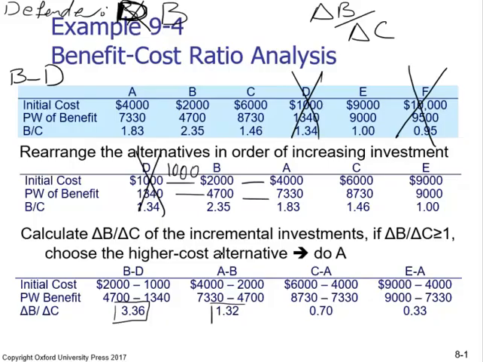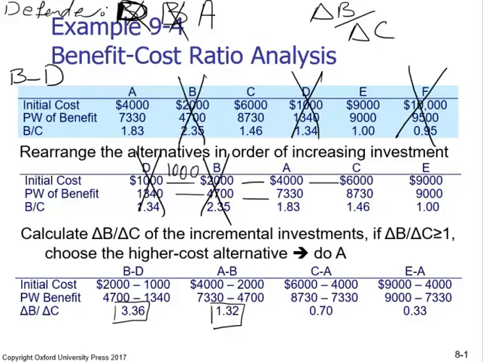The ratio we get is this one. That's a good ratio. So it means that A just beat B. B is out, and the defender now is A. Now we go for C. C is the challenger now, to see if it is worth going with 2,000 more investment in initial cost, from 4,000 to 6,000.